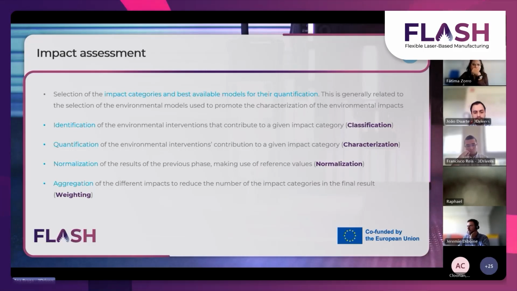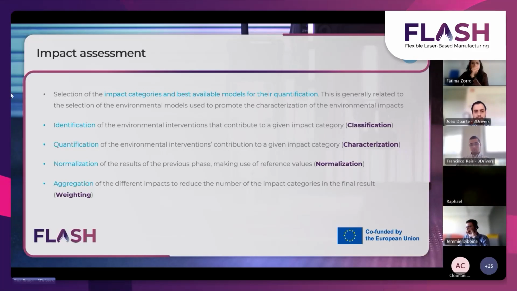We'll know that, okay, this midpoint category has this percentage of impact in the endpoint category. So how climate change can affect the ecosystems or the human health, and if it has or not a representativeness in the resources consumption. This is the kind of analysis and final results that we can get.